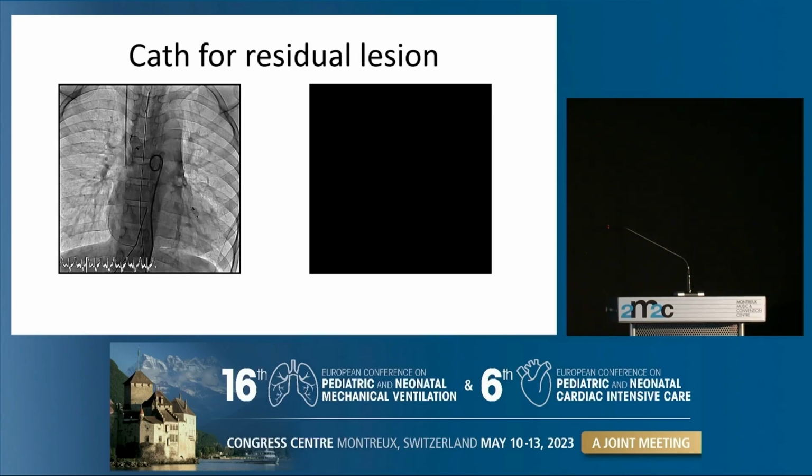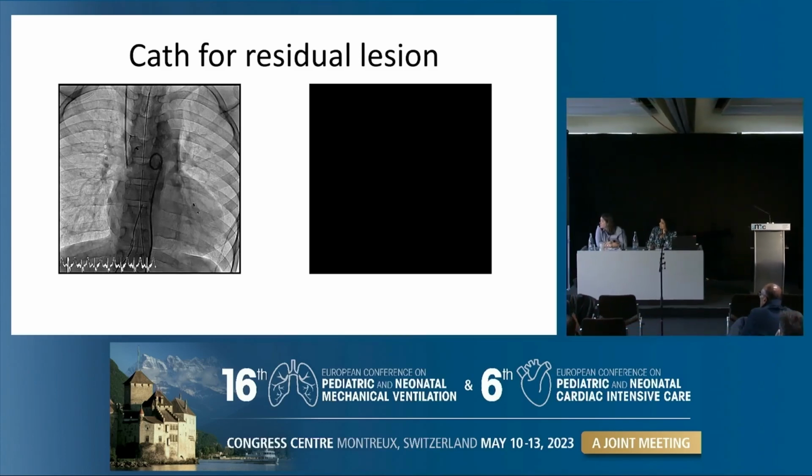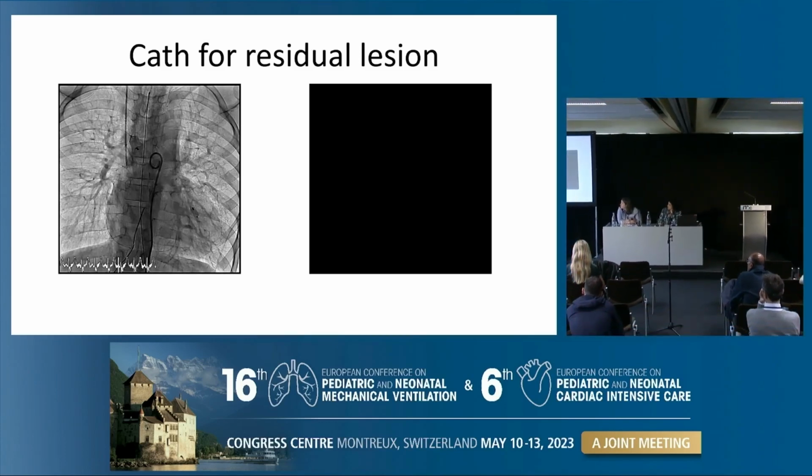So you can see we have a pigtail in the descending aorta here. You can see that we have a plug that we've put previously into one of the collaterals that was going to the right lung. And we can see here that there's a collateral that's pretty huge, that's divided into at least 2 branches. We had identified that collateral before, and we had put 2 plugs at the origin of the collaterals.